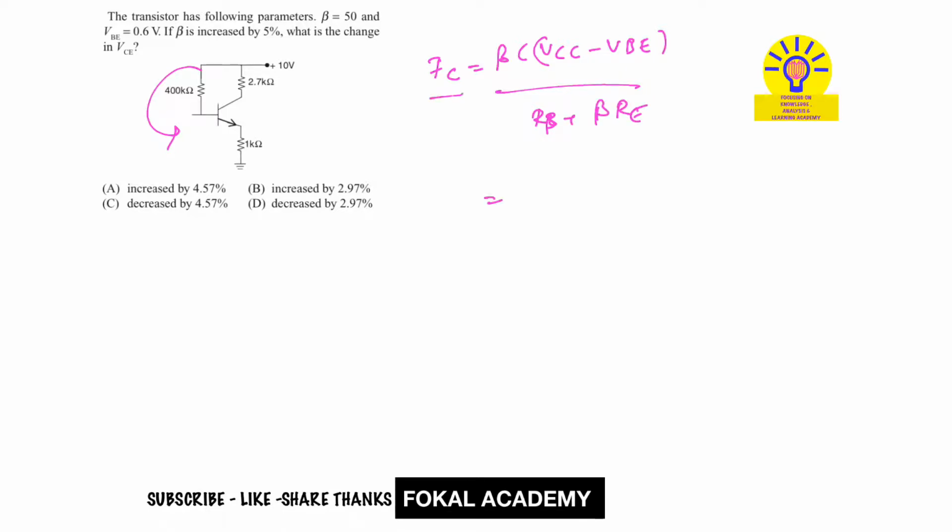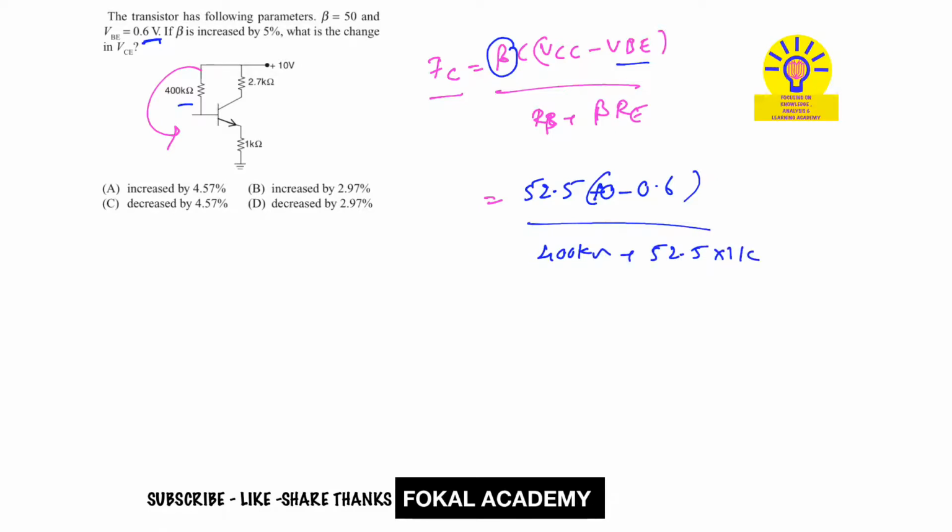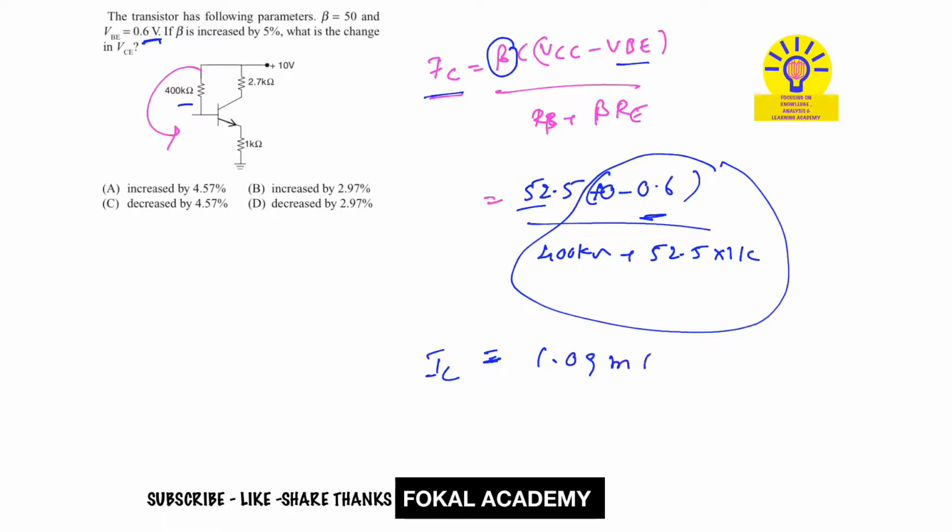The new beta is 52.5 into 10 minus 0.6, that is VBE, divided by RB, which is 400 kilo ohms, plus 52.5 into 1 kilo ohm. This gives the IB value, and beta into IB equals IC. Using the calculator we get IC equal to 1.09 milliamperes.